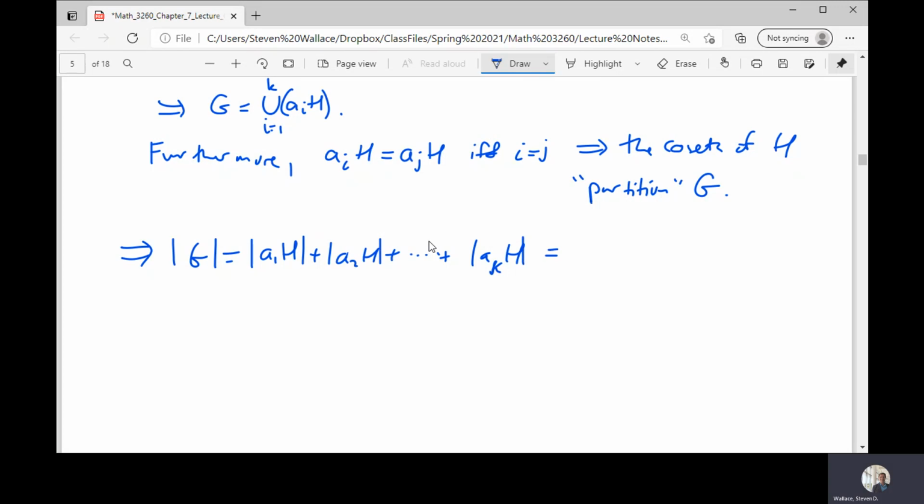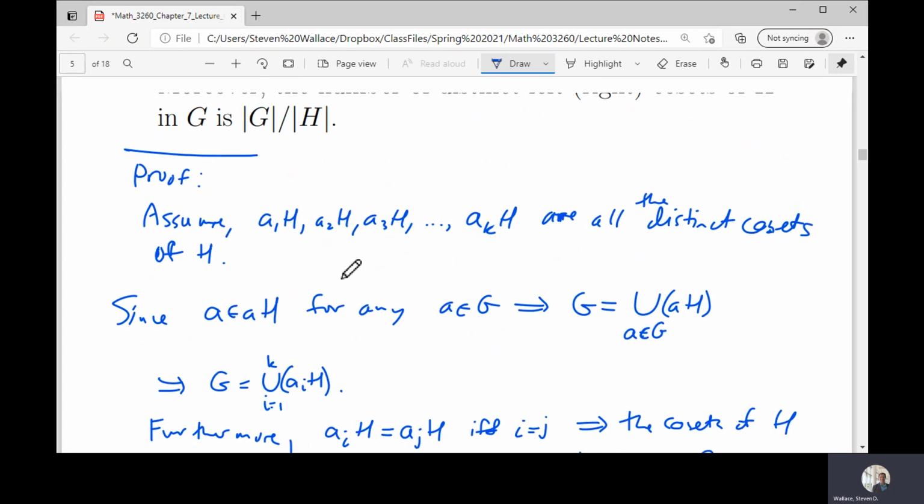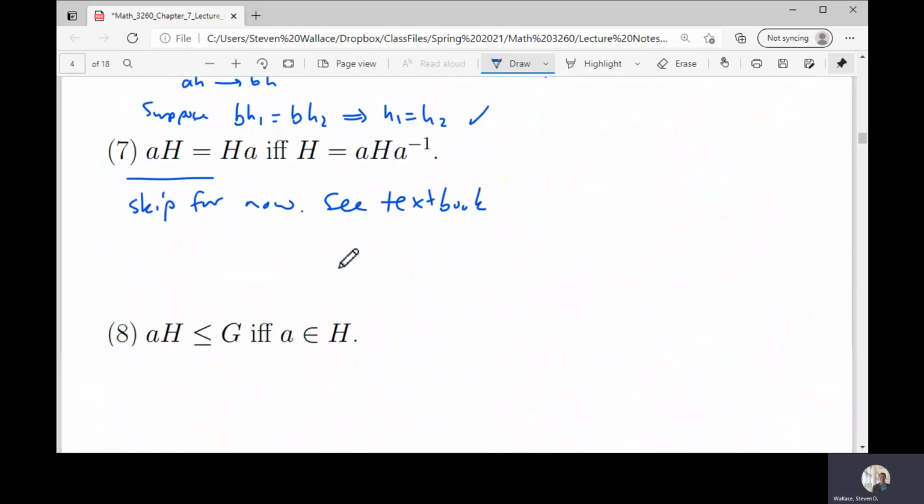But those are all equal to each other by property 6.